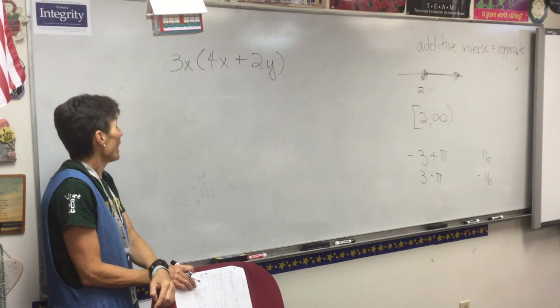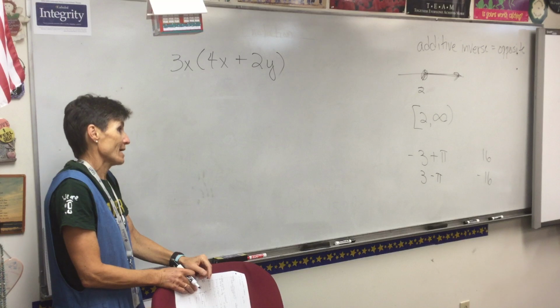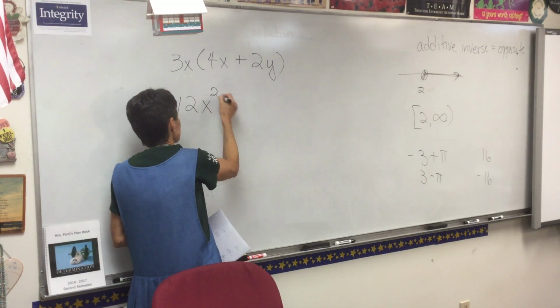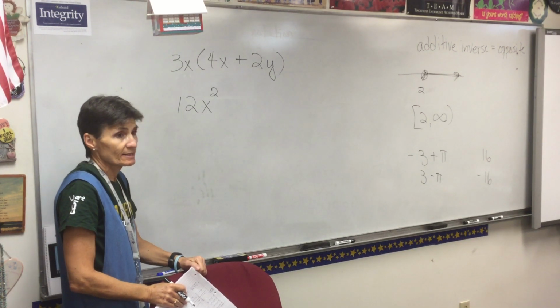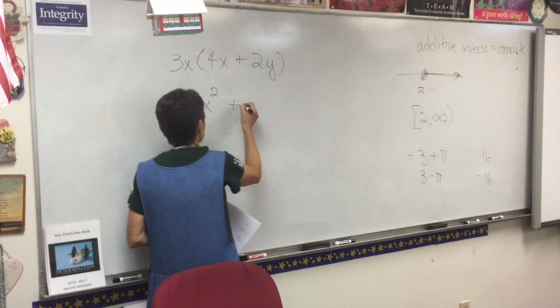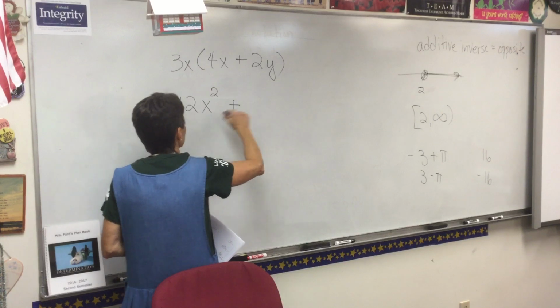So what happens when we take a 3x times a 4x? 12x squared. That's exactly right. 3 times 4 is 12. X times x is x squared. Plus, now we got to take this times this.